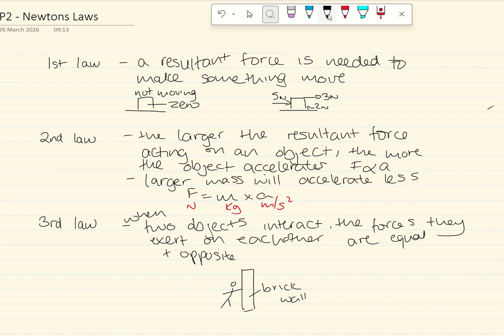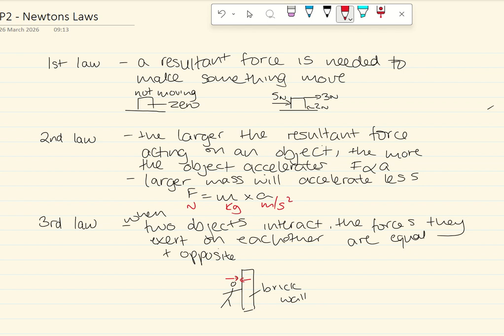Then the force with which the person is leaning is the same as the force of the wall opposing that, equal and opposite. Okay. The other common example is you have two ice skaters and they meet and then they push back from each other. They're going to push back with each other with the same amount of force.